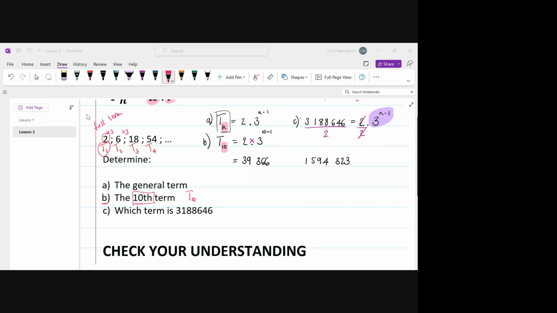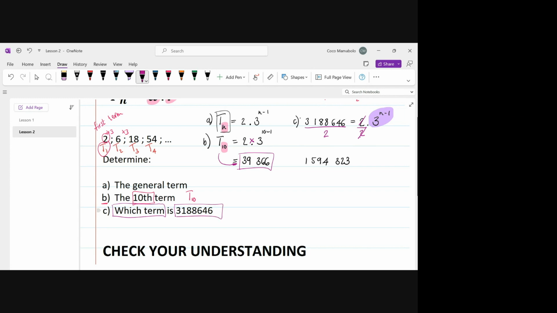So we're going to go into our formula and we're going to go T10 equals, and then we're going to replace everything with 10, and then we're going to get an answer. So T10, or the 10th term, is 39,366. Now, in this case, they're asking us which term is that.